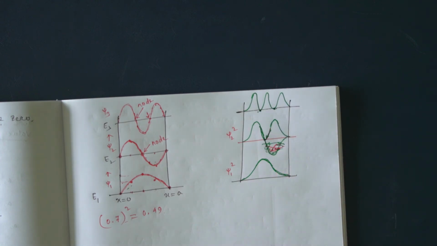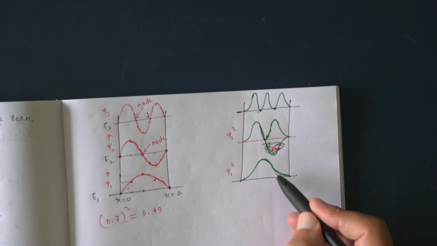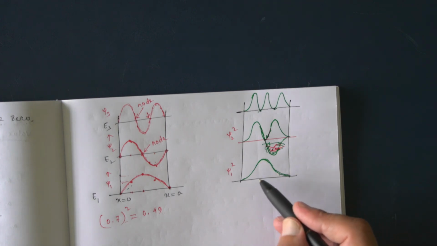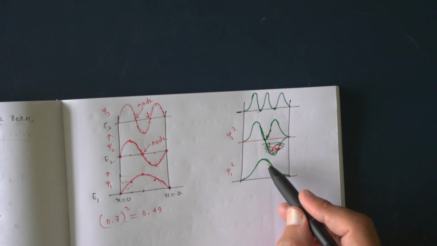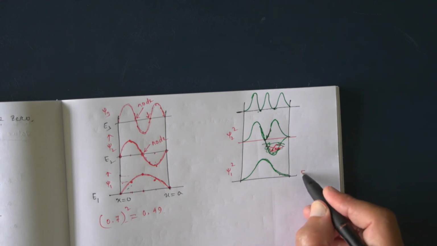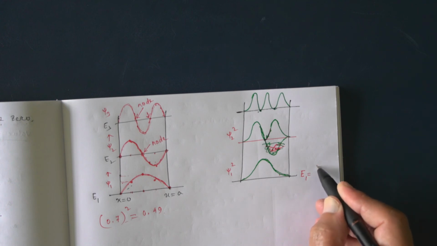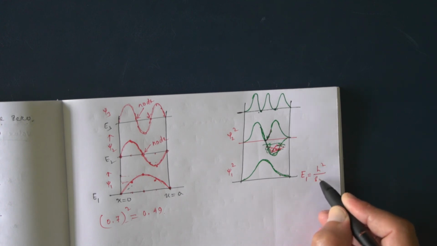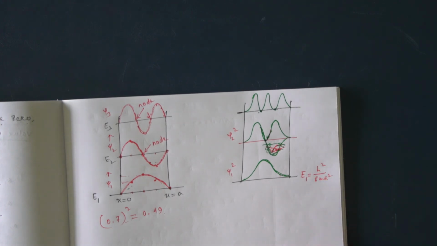Well, now what is the information we get from this plot? You see, when the particle has the lowest energy, h square by 8 m a square, that is called the ground state energy.